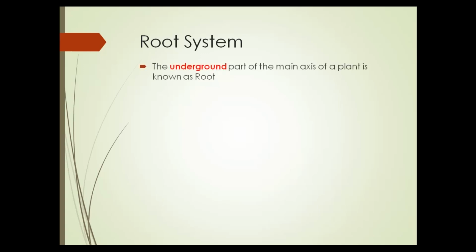The underground part of the main axis of a plant is called the root. It lies below the surface of the soil. The root has no nodes.